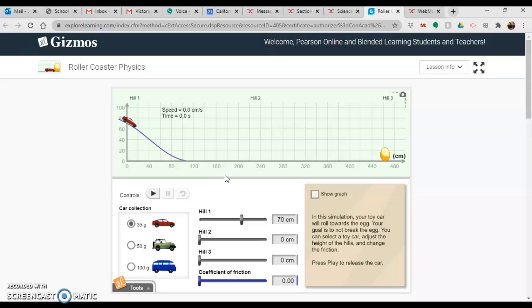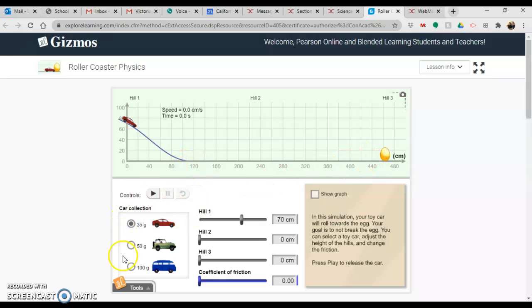Students are using the ideas of potential energy, which is the car being at the top of the hill, and then its kinetic energy, along with its mass and speed, finally traveling enough distance to reach the egg and hopefully cracking the egg.